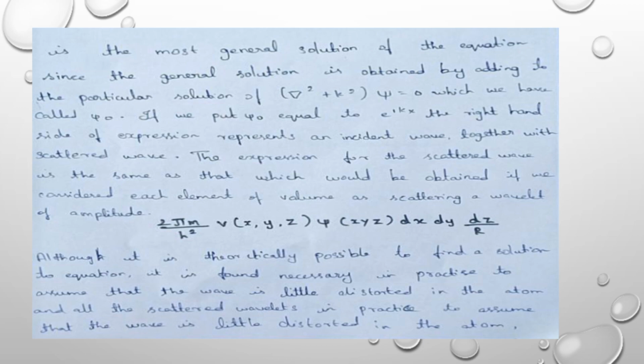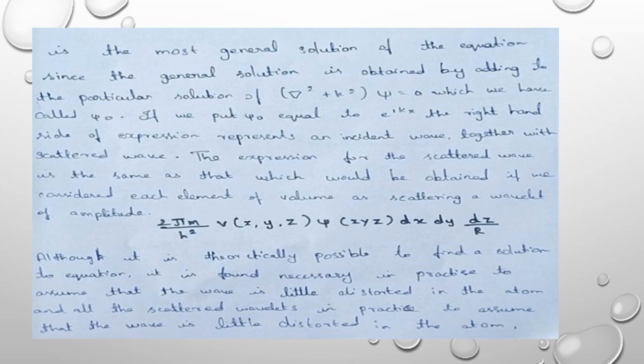This is the most general solution of the equation, since the general solution is obtained by adding to the particular solution the solution of del square plus k square psi is equal to 0, which we have called psi naught. If we put psi naught equal to e power i k x, the right hand side of the expression represents the incident wave together with the scattered wave.